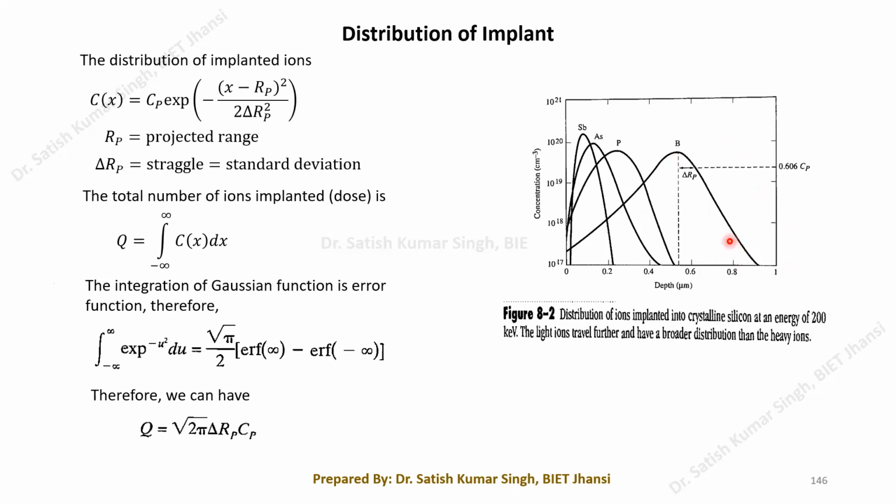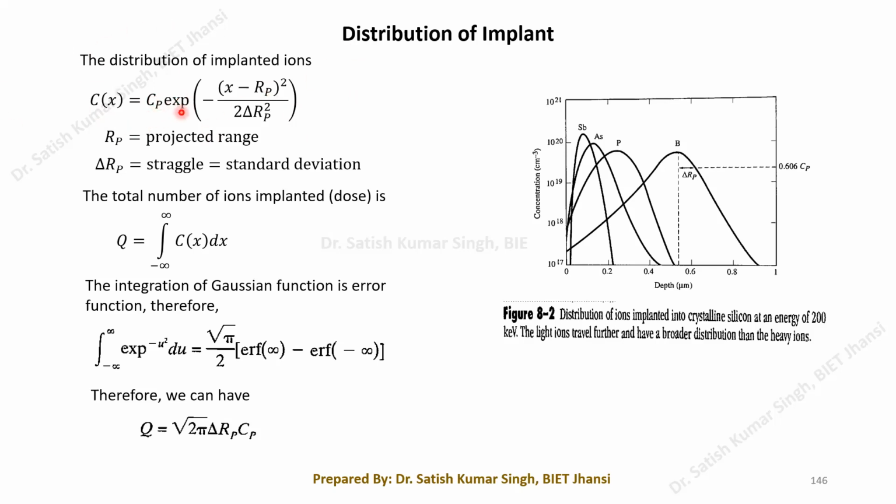If we want to write the concentration of our dopant material, the distribution of implanted ions, where C(x) is the concentration of implanted ions, then that can be given by a Gaussian function.